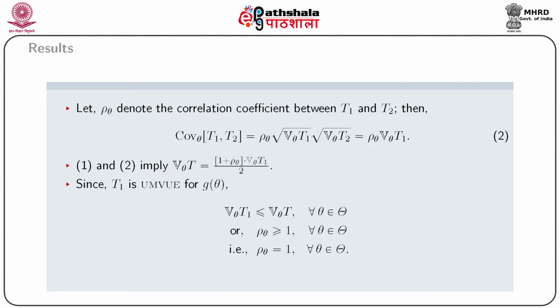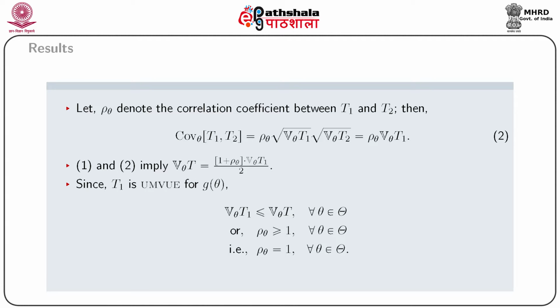If rho theta (T1, T2) is the correlation coefficient between T1 and T2, then covariance T1, T2 is equal to rho theta (T1, T2) into root over variance of T1 into variance of T2, which is equal to rho theta (T1, T2) into variance of T1, because variance of T1 equals variance of T2.